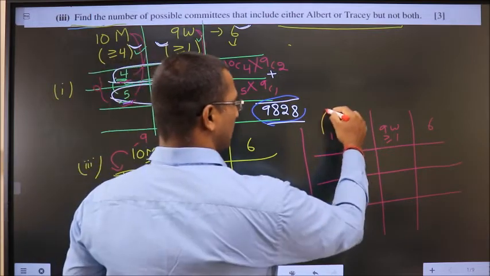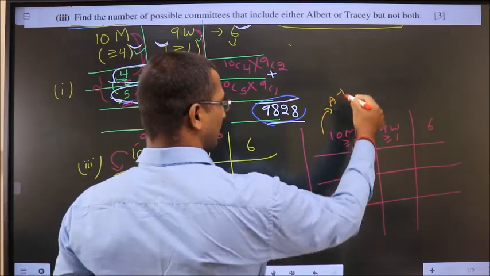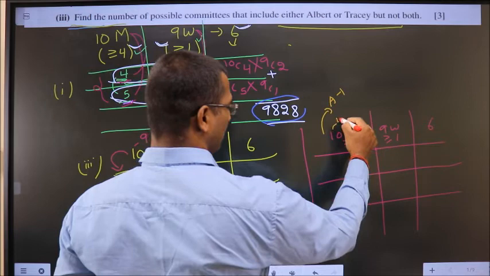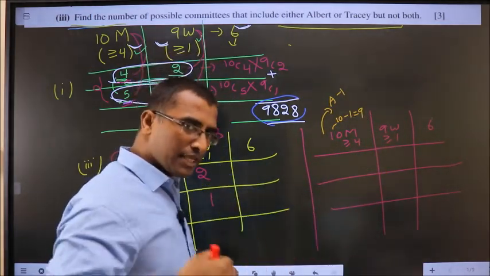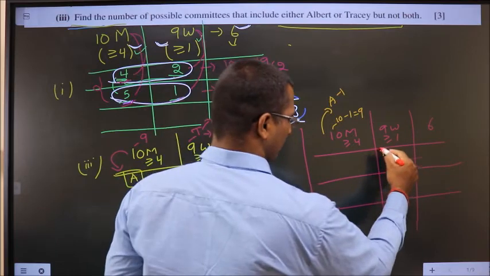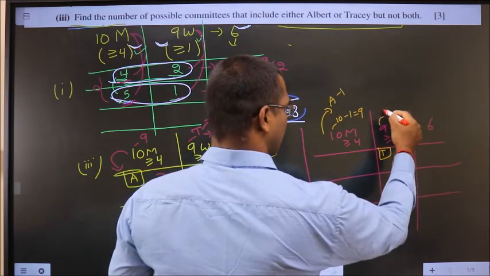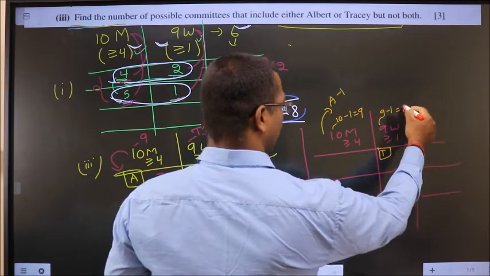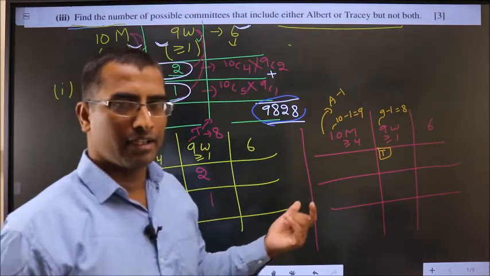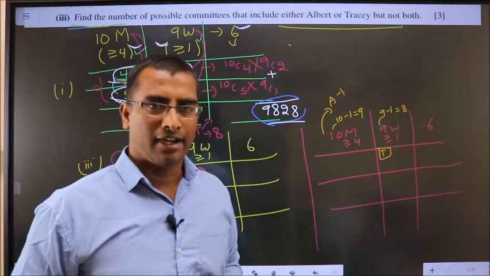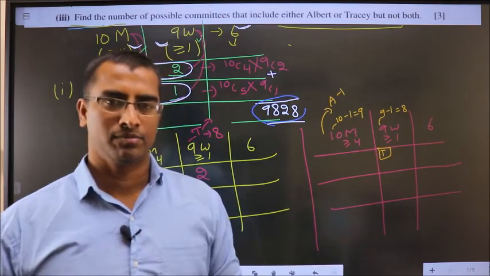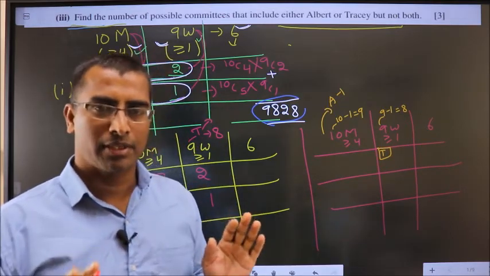So when Albert is kept away from the selection, that will decrease the men count to 9. And Tracy has been selected. That will also decrease the women count to 8. Clear? Albert kept away from the selection and Tracy has been selected. Did you understand both the situations?